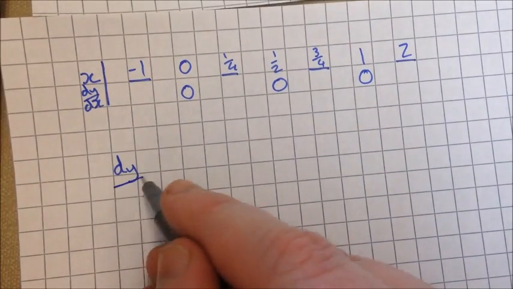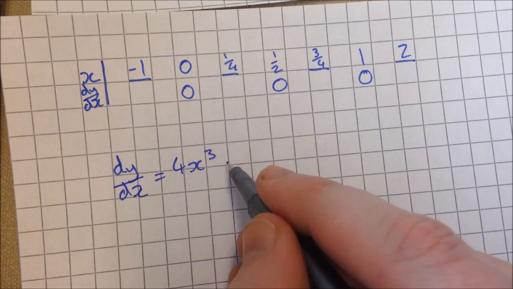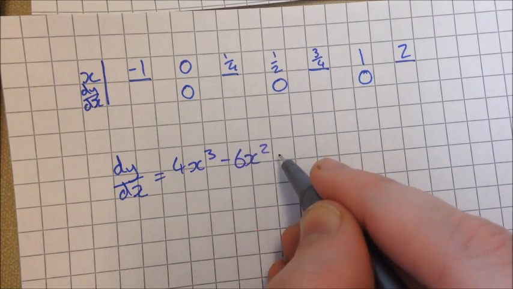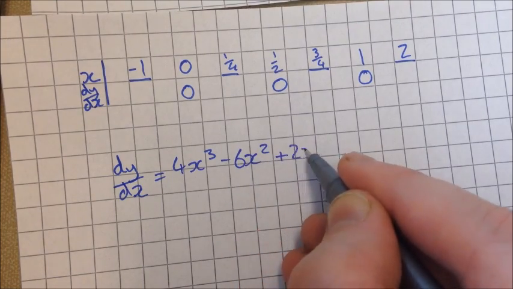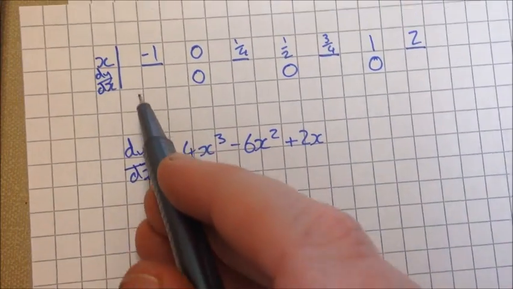Now, I'll remind you that dy dx from earlier on we worked out was 4x cubed, take away 6x squared plus 2x. So we're going to plug in these values into here.